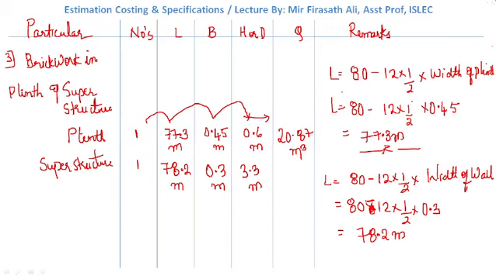The value will be 77.41. Write it down over here. 77.41 meter cube is the quantity of the superstructure wall.